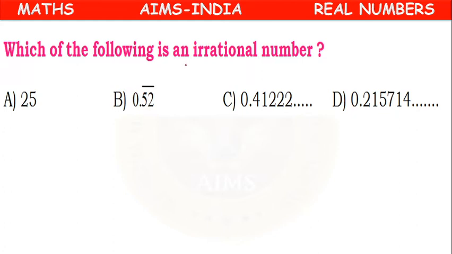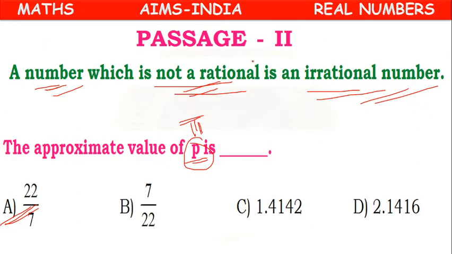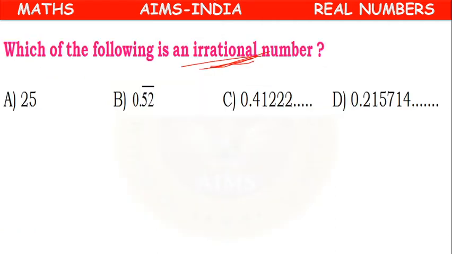Next, which of the following is an irrational number? So here in the comprehension passage, these are all single correct. They will have only one answer. This is a normal number, rational. Repeating decimal, rational. Here 4 1 is there.